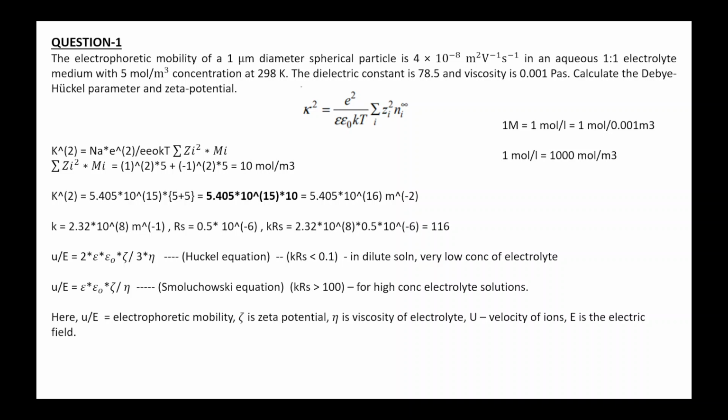Epsilon, that is your dielectric constant, is 78.5. Epsilon naught is the permittivity of free space, that is 8.85 times 10 to the power minus 12 Coulomb square per Newton meter square, and the viscosity is given as 0.001 Pascal second. So if you calculate, what is the value that you will get?